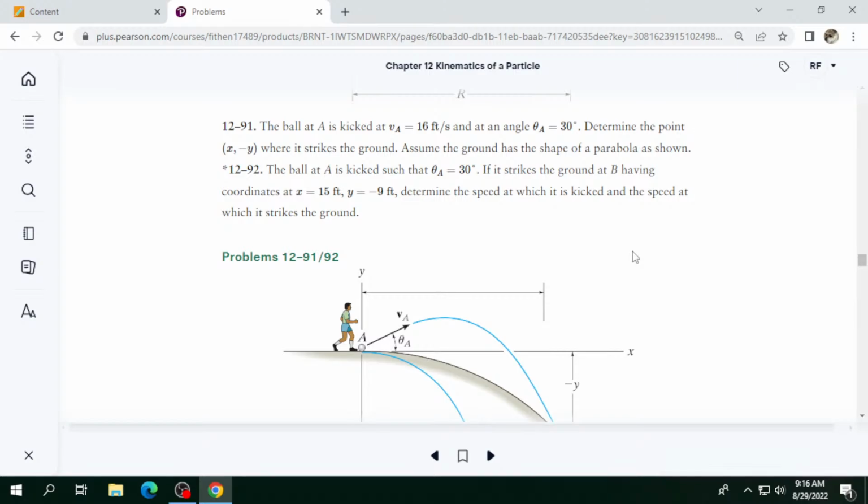And the 16s will cancel, so for lack of a better thing, I'll just say tangent of 30, x minus 32.2 over 2, x squared over 16 cosine 30 squared. And then I can move this over to that side, and it becomes a plus. And I don't know why I left that as a t when that should have been an x.